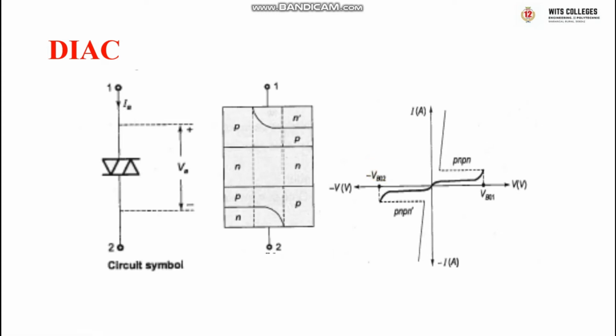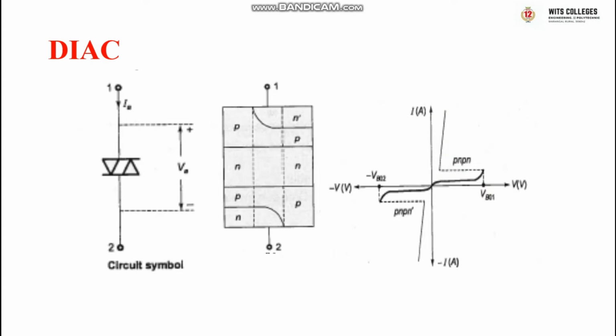So in both the cases, this is the blocking region. From origin to VBO1 is the blocking region, and from origin to VBO2 is the blocking region. This is the conducting region. The thick line is the conducting region. So during this blocking region, only a small amount of current flows, that is the leakage current.